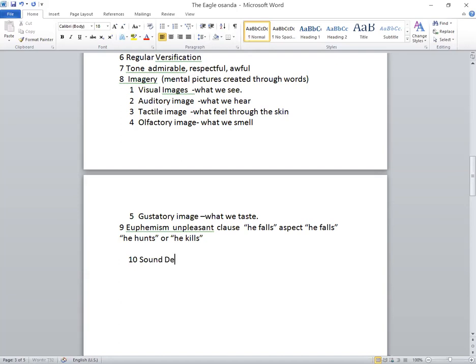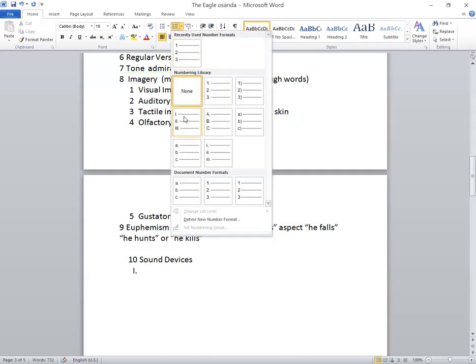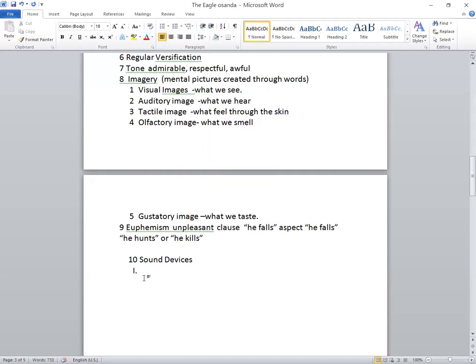Sound devices. Right. In conventional poetry, there are 3 common sound devices.